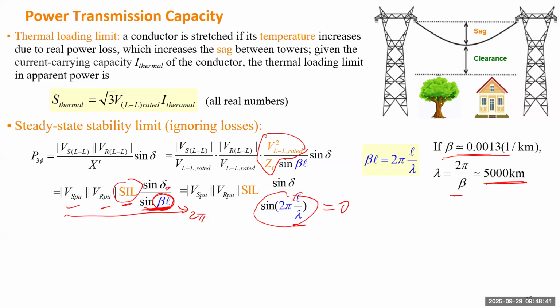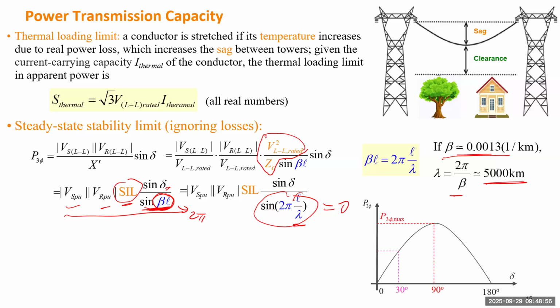So the length of the line will have a limit around 5,000 kilometers. In the textbook, the lambda is called the wavelength of the line. We will explain why we call it a wavelength.